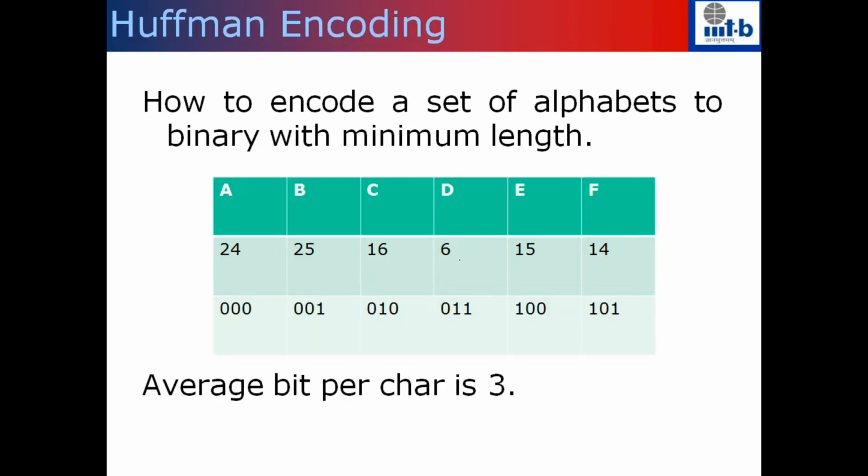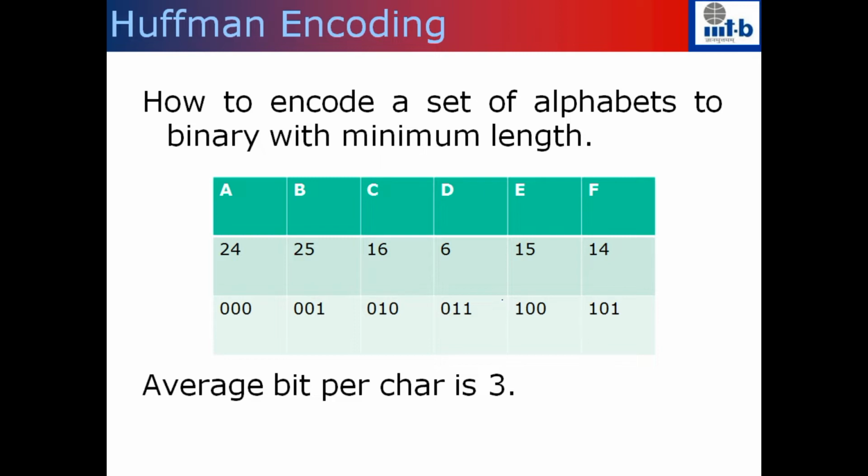Let's look at one equal length encoding scheme where instead of A I can write 000 and B I can write 001 and so on. Whenever D comes I have to write 011. With this scheme you can see that every text containing A, B, C, D, E, F can be converted into binary.